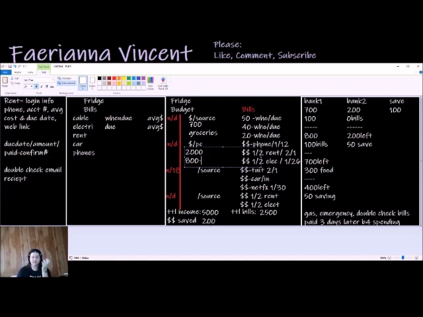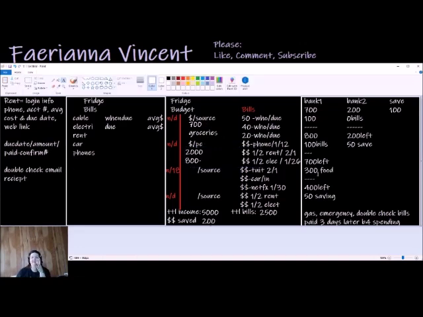I'm making up numbers. So to get 800 left over, and after I had that, I had 400 left over, and I put 50 in savings, which would be updated.